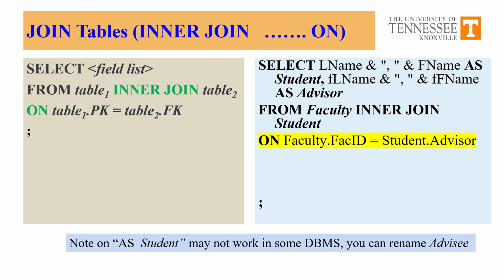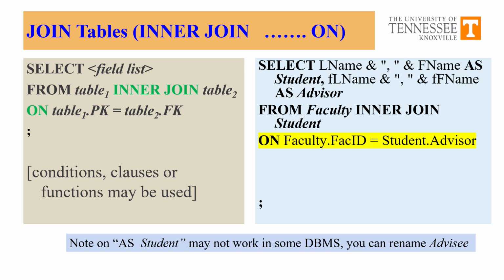Now we come to inner join, which is connecting two tables where keys match. In this case, we're joining faculty and student on the advisory relationship: faculty ID equals student's advisor. We're also formatting names using string concatenation and using aliases like AS student and AS advisor to label columns.